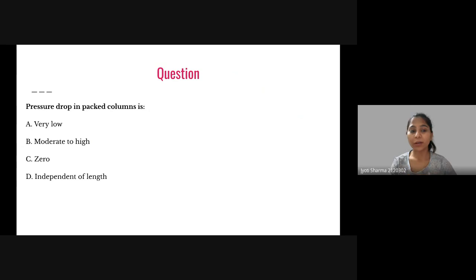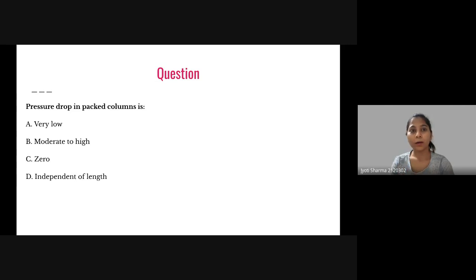Okay, so we were talking about pressure drop. Pressure drop in packed columns is very low, moderate to high, zero, independent of length. I gave you the example. Whenever we have two types of filter paper, one filter paper has a larger pore size, and the other has a very low pore size.